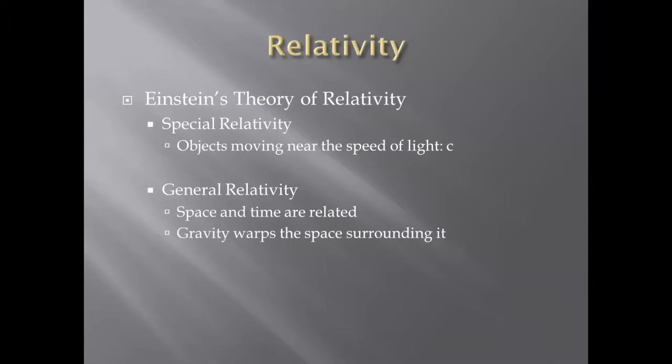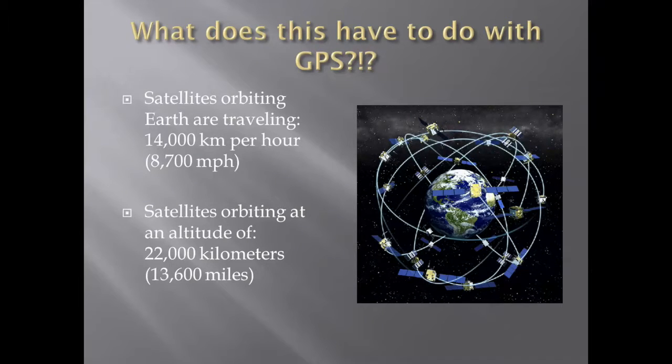Einstein's theory of relativity has two parts. One is special relativity. Special relativity looks at the physics of objects moving near the speed of light. General relativity, on the other hand, deals with space and time and their relationship. So what does this have to do with GPS?